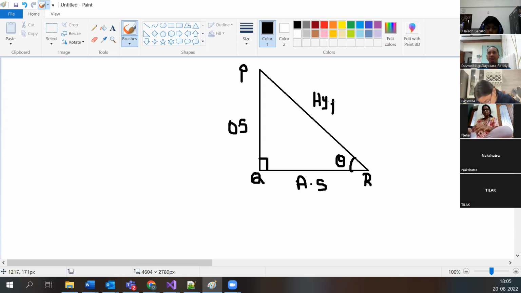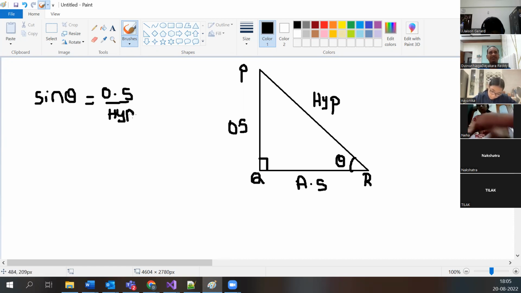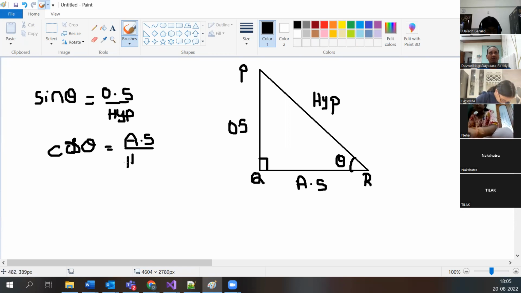Now we need to look into the definitions of each trigonometric ratio. First one is sine theta. The sine theta definition is opposite side by hypotenuse, meaning the ratio between opposite side and hypotenuse is called sine theta. Next, cos theta equal to adjacent by hypotenuse, the ratio between adjacent side and hypotenuse is called cos theta.